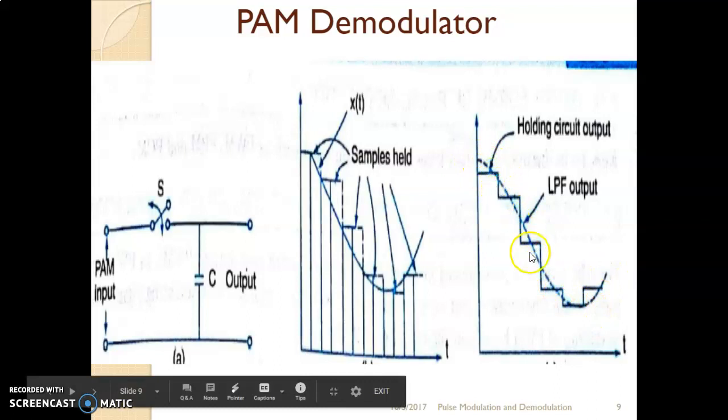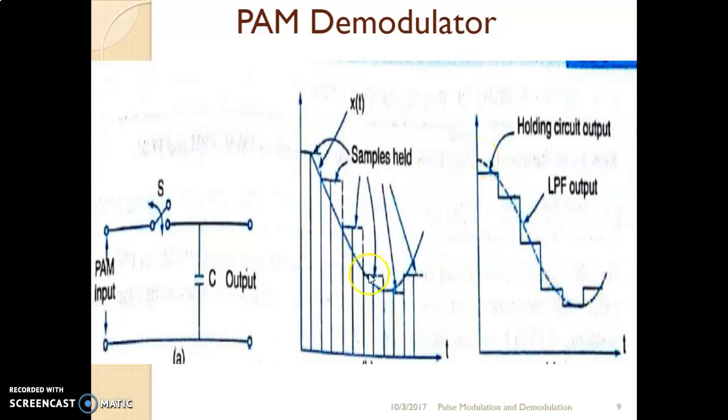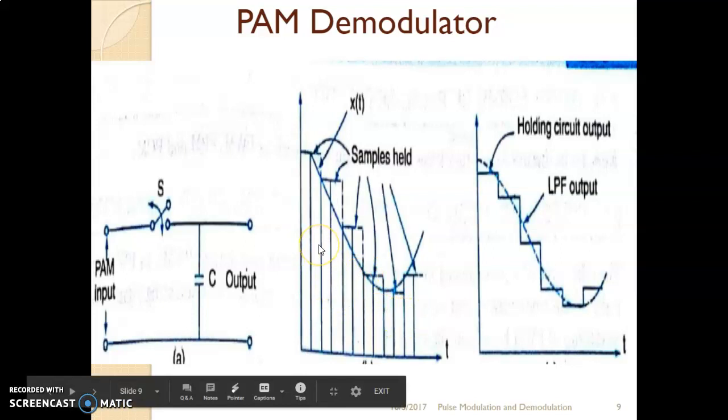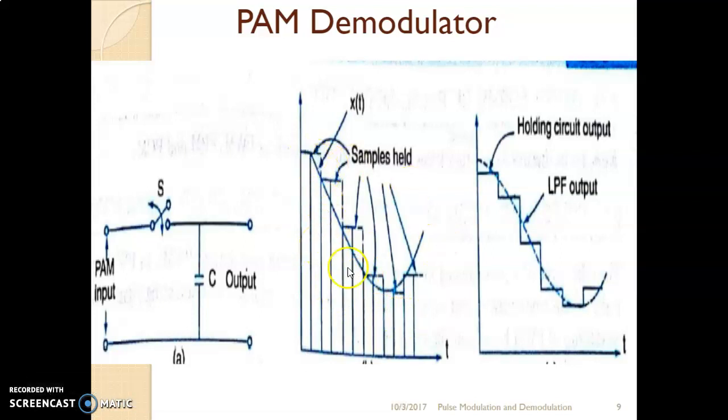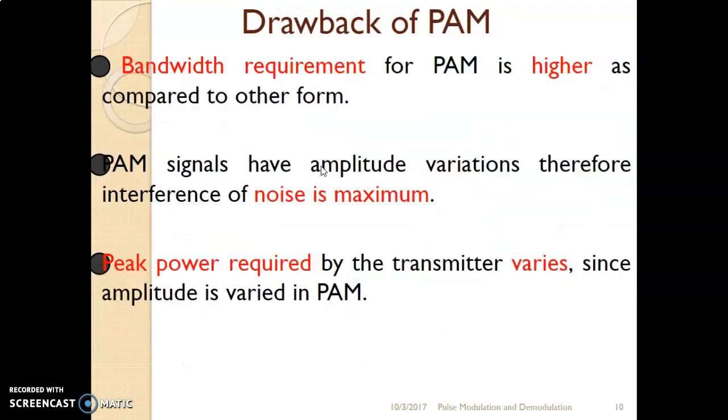This tracing will only be possible if your sampling is done at a rate greater than twice the maximum signal frequency, so that all the samples are recovered properly. Otherwise, the shape of the recovered signal will not match the original signal.